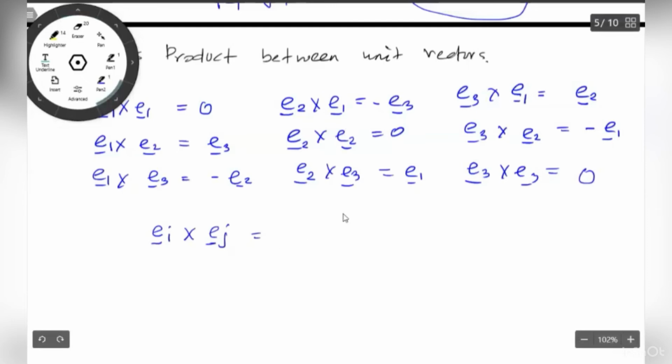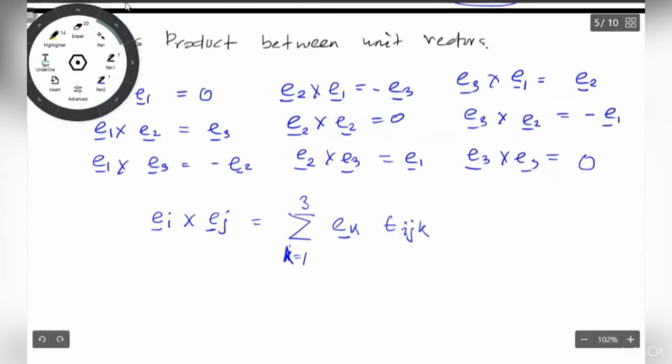ei cross ej will actually be the summation over k equals 1, 2, 3 of epsilon ijk ek. Looks very weird, right? I understand that. So let us see if it makes sense.